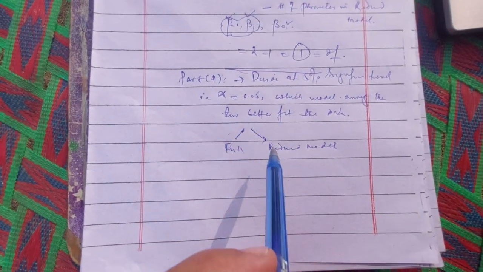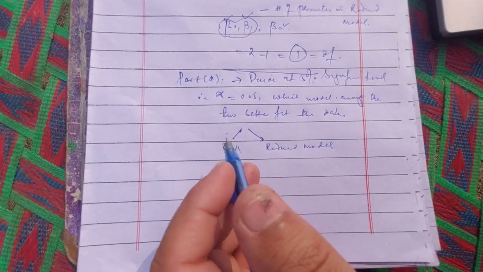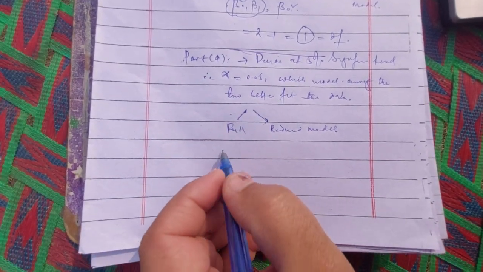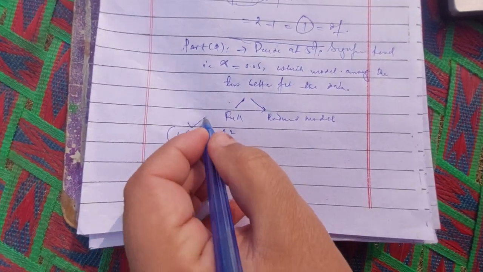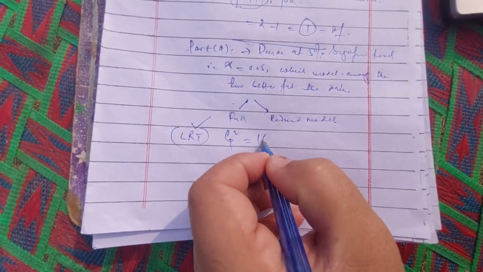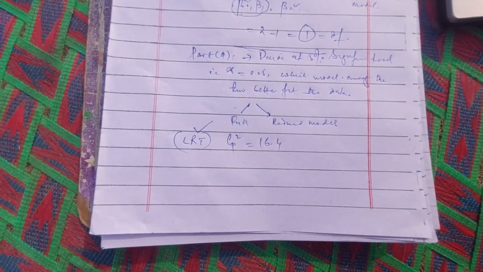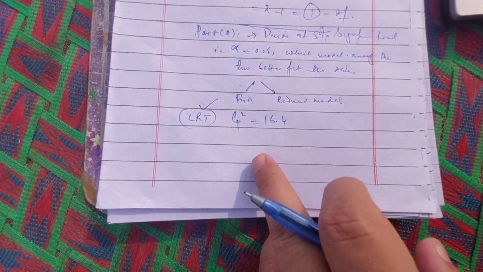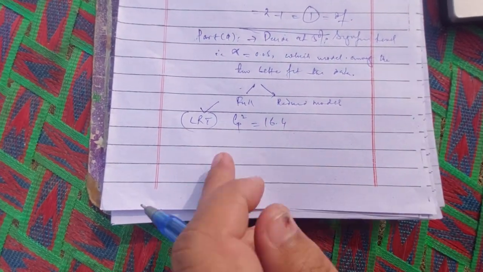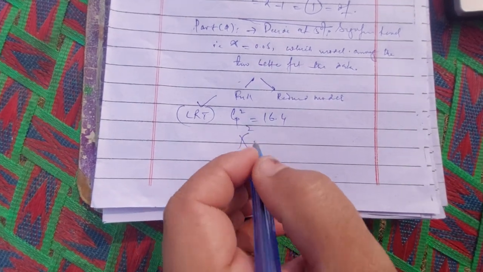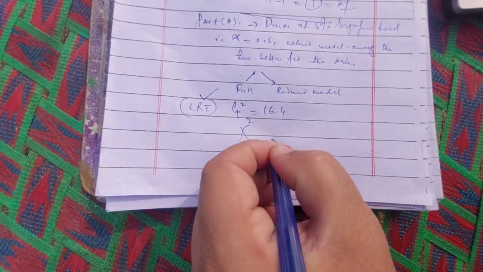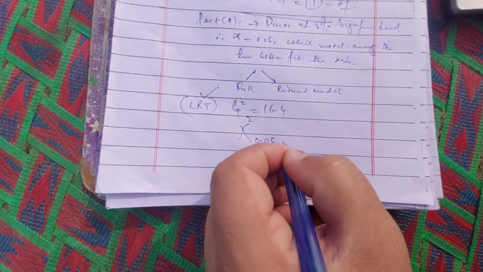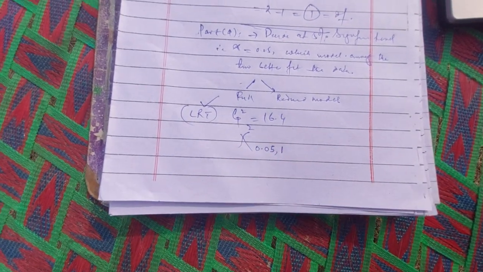In the previous parts we found that the likelihood ratio test statistic G square was equal to 16.4. Now we need to compare it with the chi-square value for a significance level of 0.05 or 5% and degree of freedom of 1.